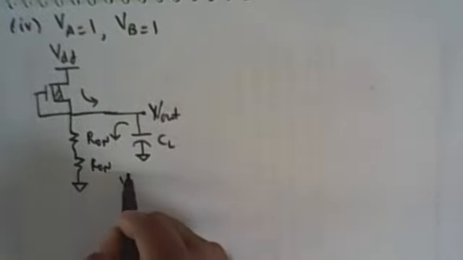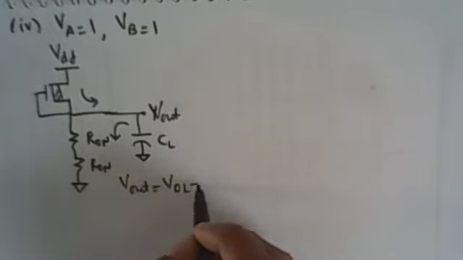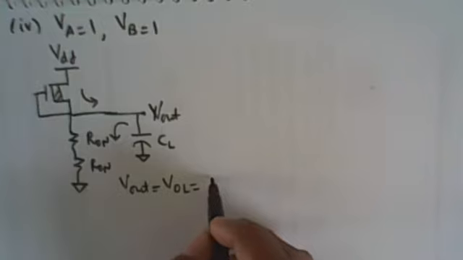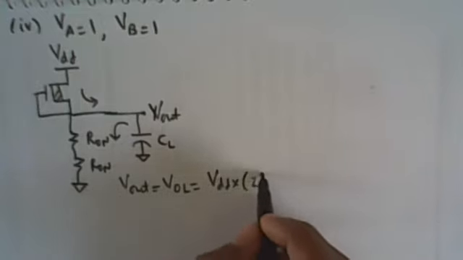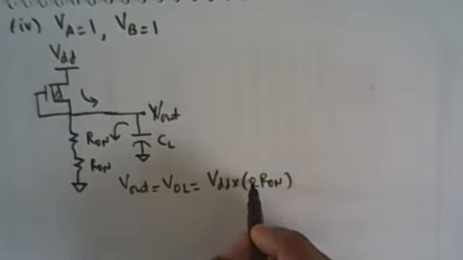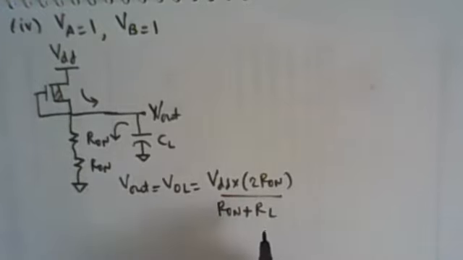So we get output logic 0, VOL, which is VDD multiplied by 2 times RON divided by RON plus the load resistance of the depletion MOSFET. Right?